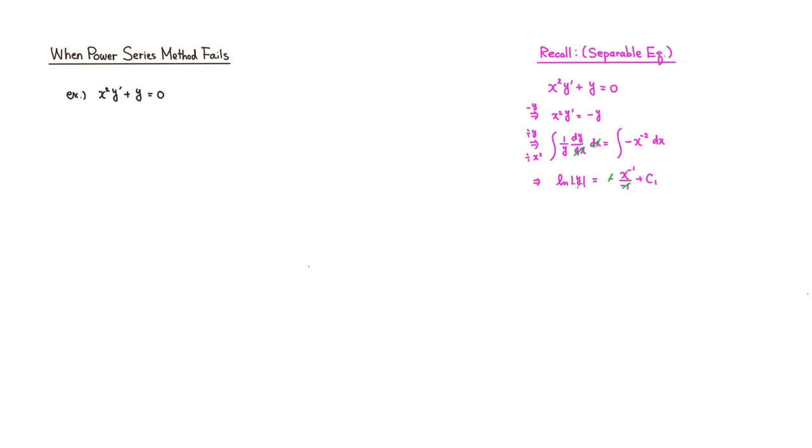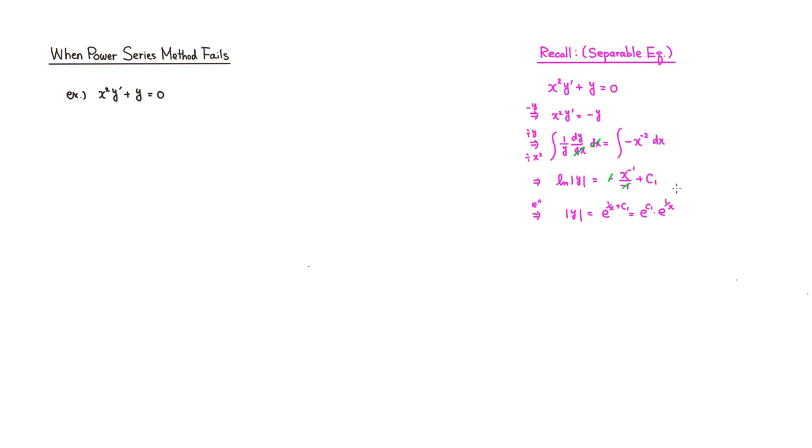Since I want to isolate y, I'm going to get rid of the natural log by raising e to both sides. Then the absolute value of y is equal to e to the 1 over x plus C1. I'm going to split this as e to the C1 times e to the 1 over x.